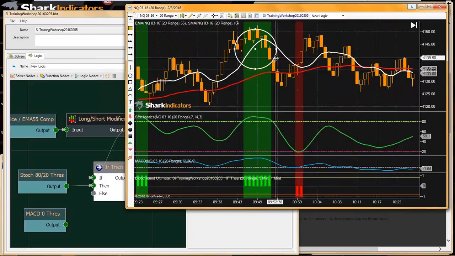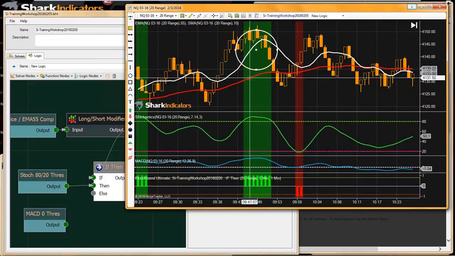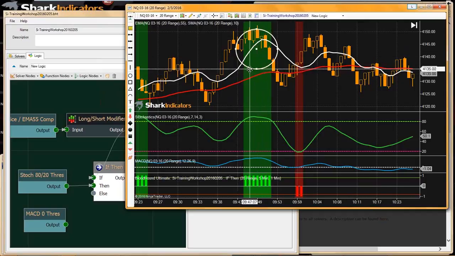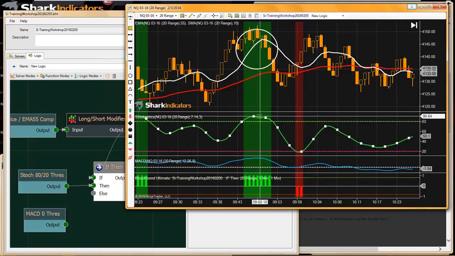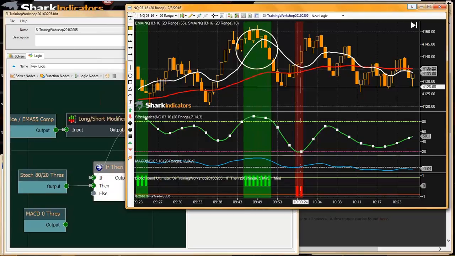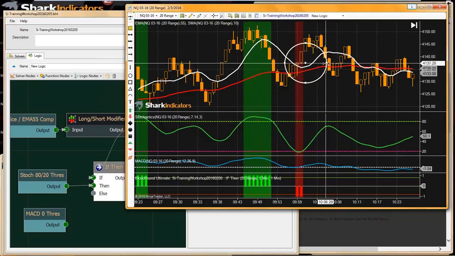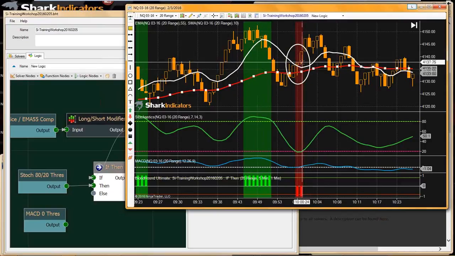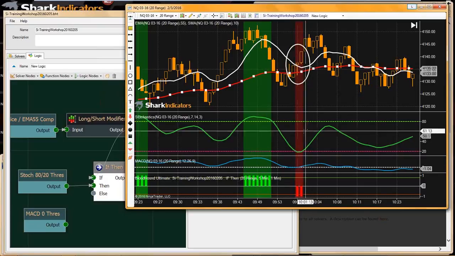So once again, price is above our EMA, so we're in a long trend, and our long signals are coming from the stochastic because it's overbought. And these short signals, once again, price is above our EMA, so we're in a long trend again, but our stochastic went oversold temporarily, so we got short signals from the stochastic.